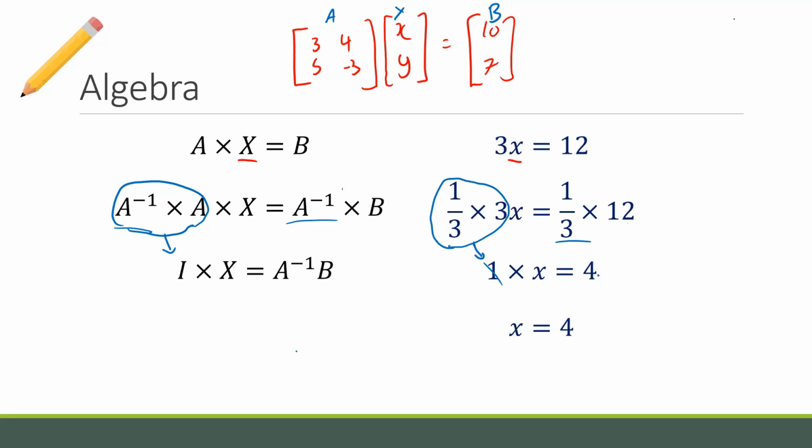Anything multiplied by the identity will be the same thing. So if I multiply the identity by X, then it will give me out X. And so now I have X on the left and the solution to the unknowns on the right.